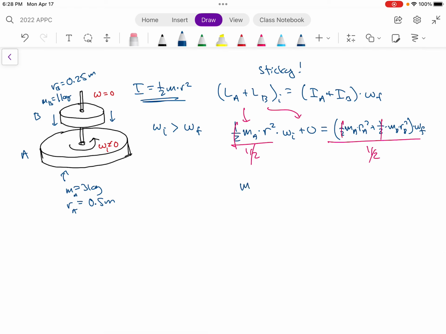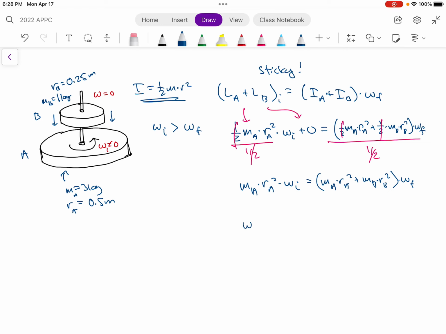And so I'd have MA times RA squared times omega I equal to MA RA squared plus MB RB squared, times omega F. At this point, there's nothing I can do other than actually solve for it.